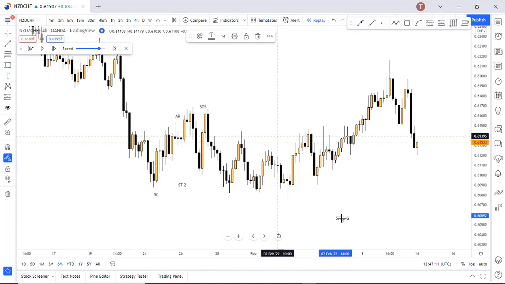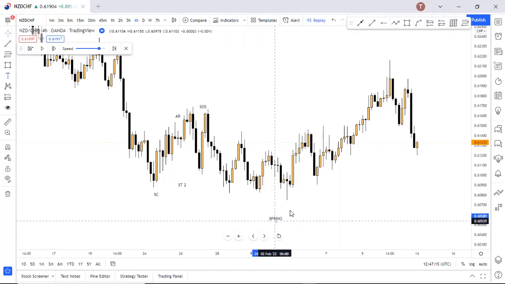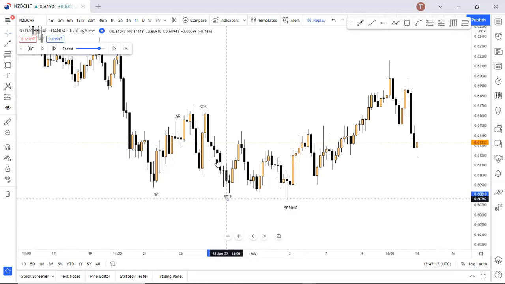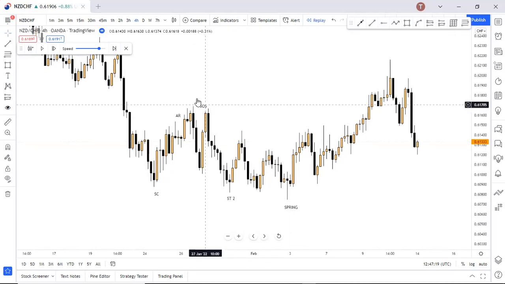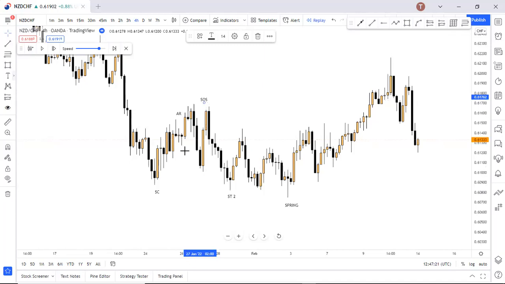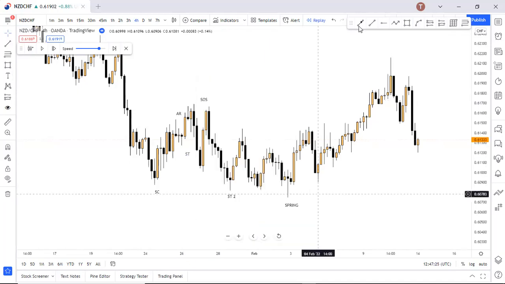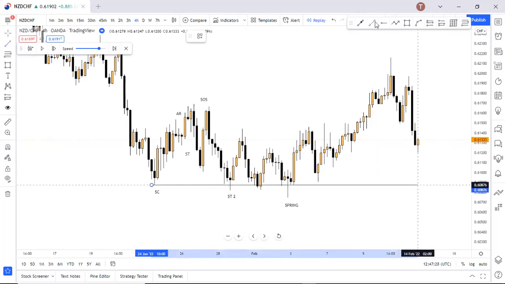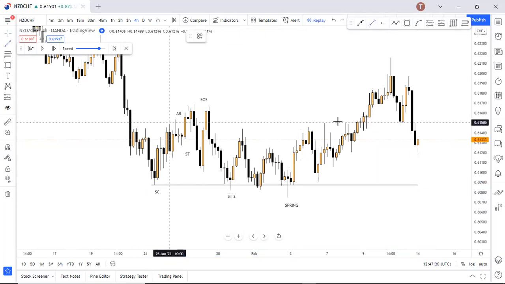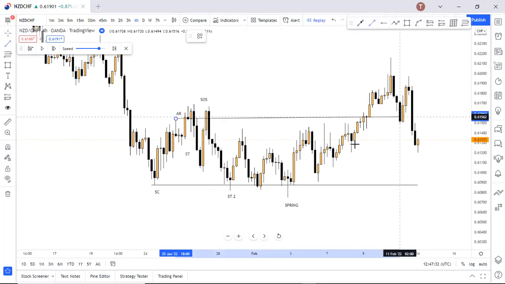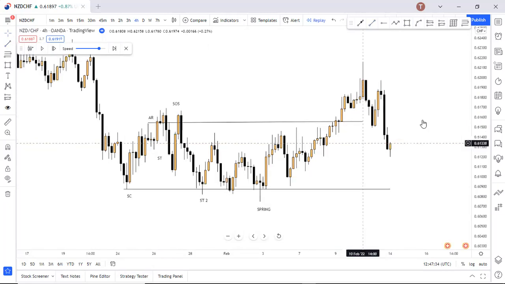Okay, so we have our spring right here, our ST2, our sign of strength, and our ST, of course. And we say our trading range is between the SC and the AR. Okay, and let's cut price.